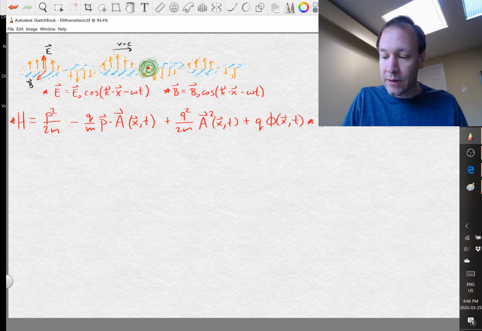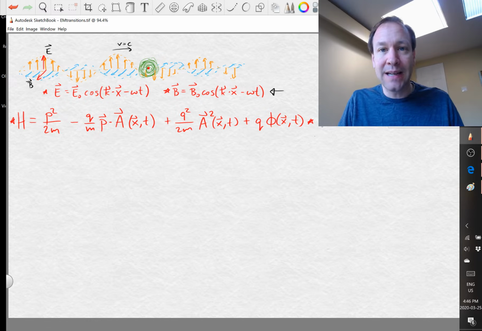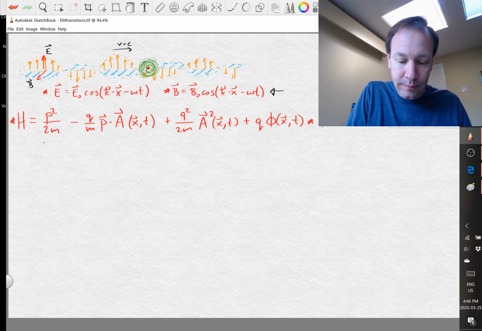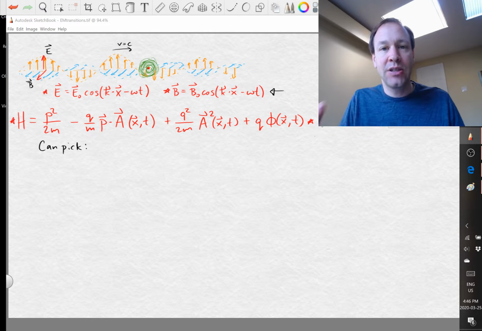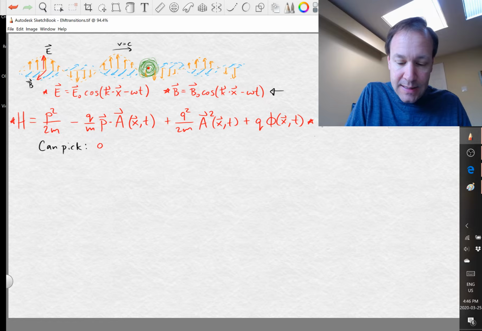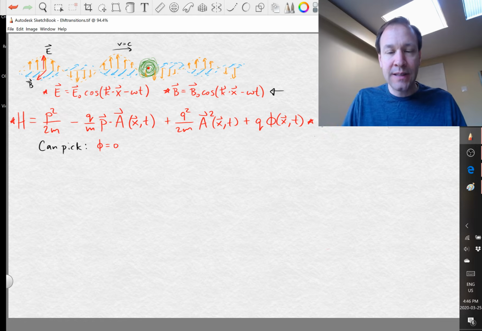And so in order to get these particular electric and magnetic fields, one choice of vector potential and scalar potential that we can choose is the following. You can just check that if you plug these into the formulas in the previous video that relate the potentials to the fields, then you get the expressions above.